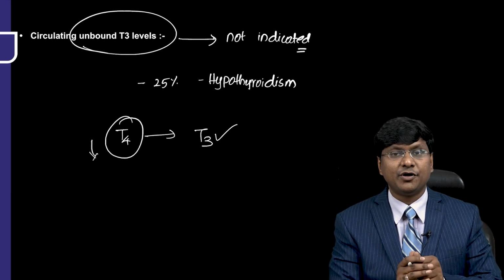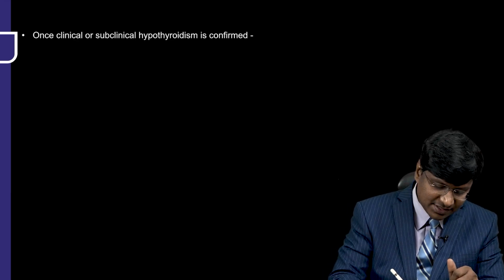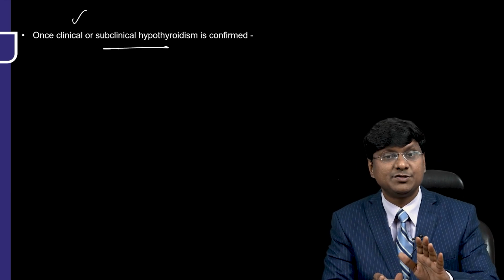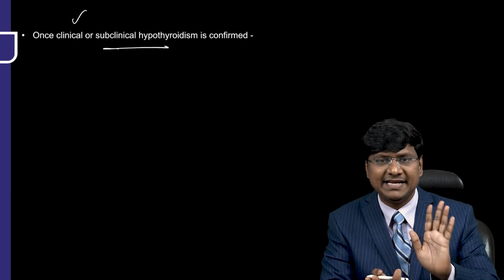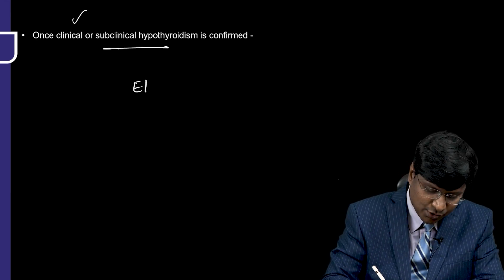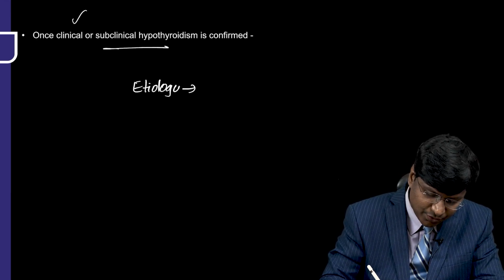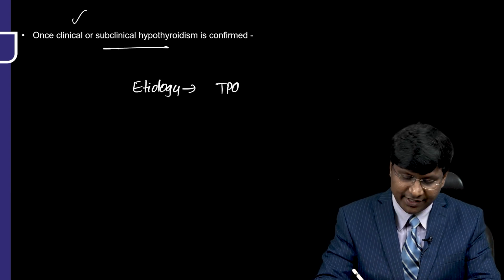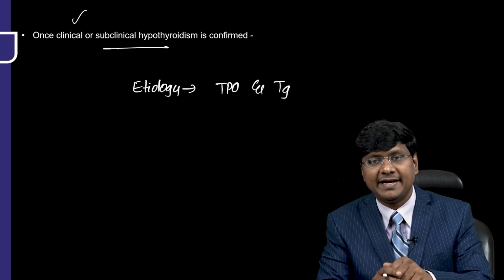Then another important point is subclinical hypothyroidism. Once clinical or subclinical hypothyroidism is confirmed, the etiology is usually easily established. For assessment of the etiology, you need to check the levels of TPO antibodies and thyroglobulin antibodies.